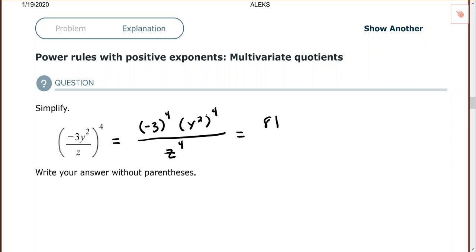Y squared raised to the fourth power, exponent inside, exponent outside the parentheses, power to a power rule, so we multiply, all over z to the fourth. So 81 times y to the eighth, all over z to the fourth.